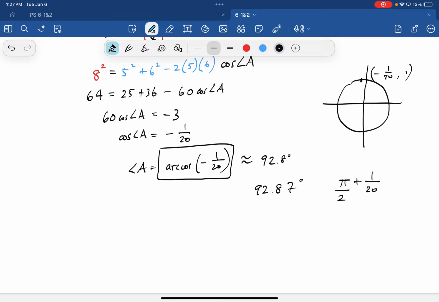Kind of confused how I did this. Why is it pi over 2? Because that's 90 degrees, right? And so then you just convert this to degrees and you get about 92.8.